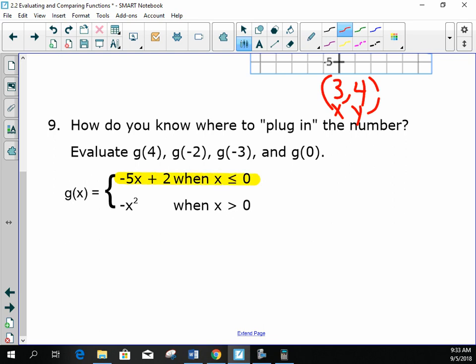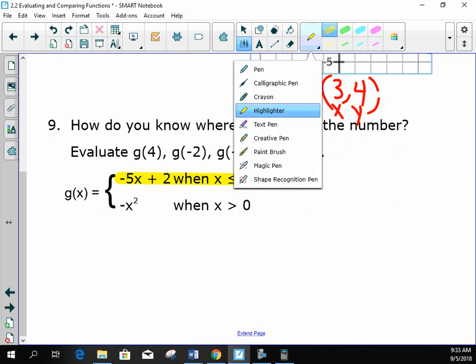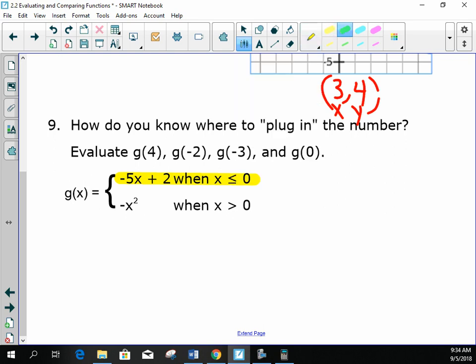When x is bigger than 0, you're going to plug it in here. Now, these are all g's, see? So, when is x smaller than 0? X is smaller than 0 right here and right here, or equal to and right here.